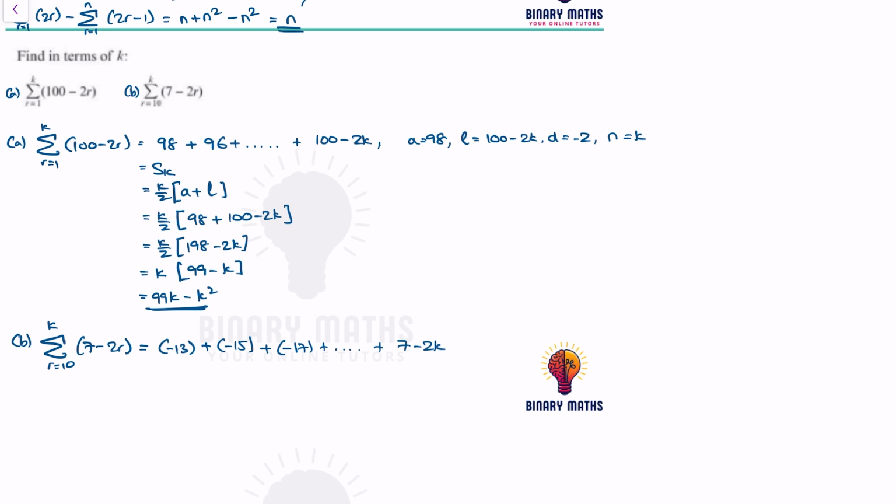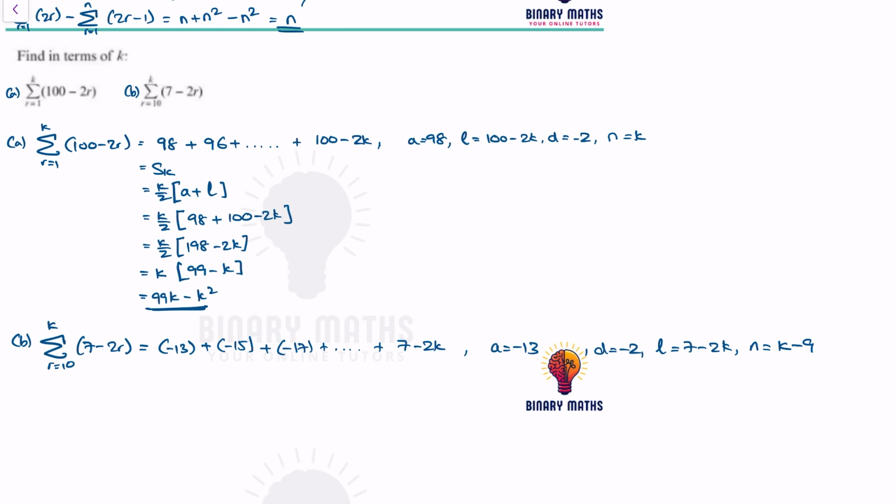Now what we do know is, obviously this is an arithmetic series again, so a is equal to minus 13, d is equal to minus 2, L is equal to 7 minus 2k. Now n is where you might have an issue. How many terms do we have? Because we're going from 10 to k, it'll be k take away 9 terms, because we want to include the 10th when we substitute 10 in, so it's going to be k take away 9.